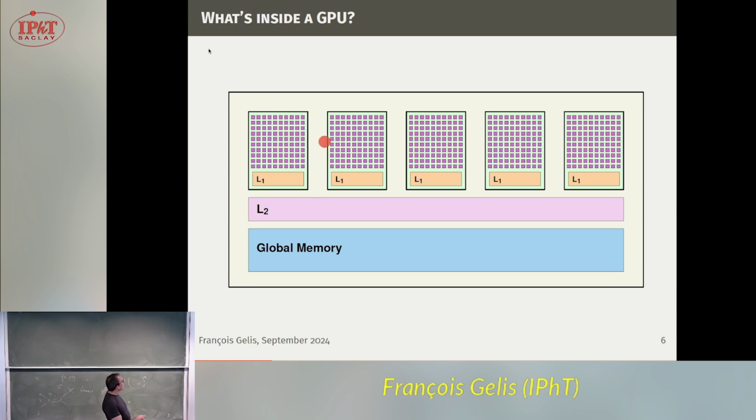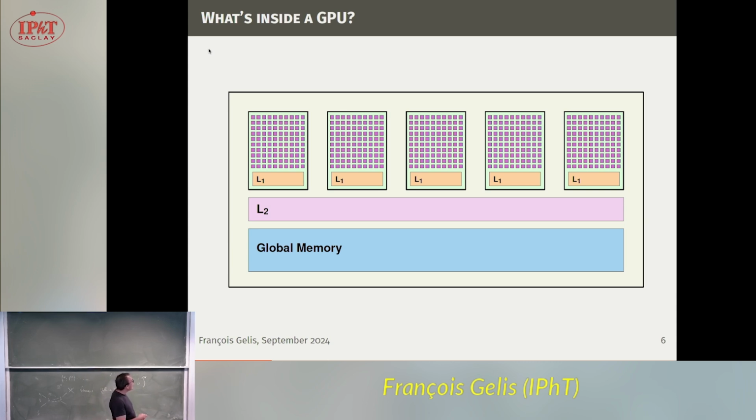Yes. It depends a lot on the model of GPU, but the typical number of cores on one of these sub-packages is a couple hundred cores. They are called, I think, symmetric multiprocessing units.